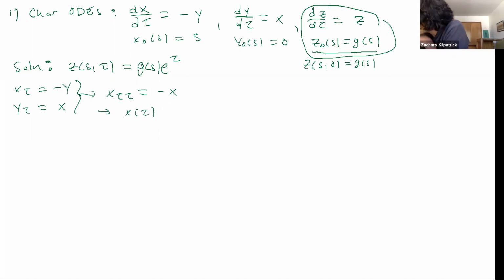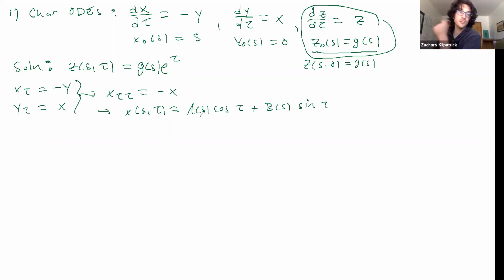s, tau is equal to some function A of s times cosine of tau plus some function B of s times sine of tau. Remember, functions of s are constant in tau.